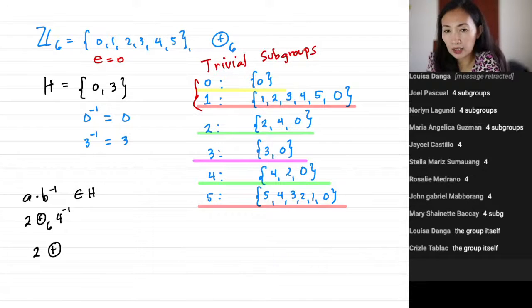What's the additive inverse of 4 in Z sub 6?